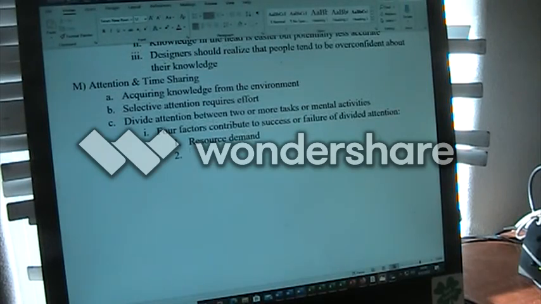So there's resource demand, there is structure, there is similarity, and resource allocation or task management.